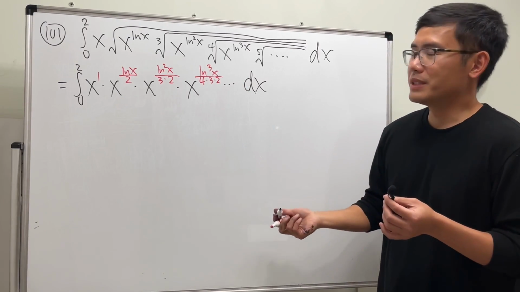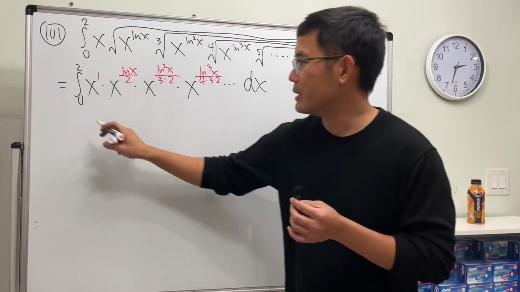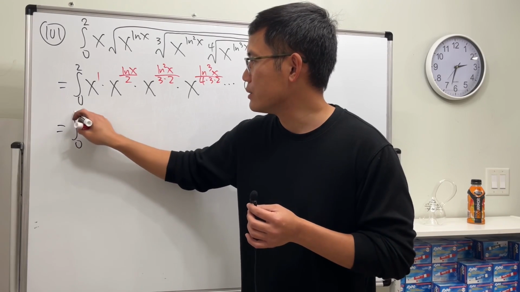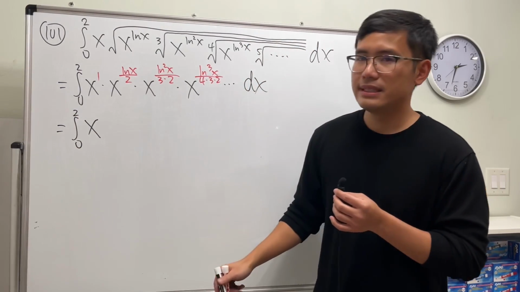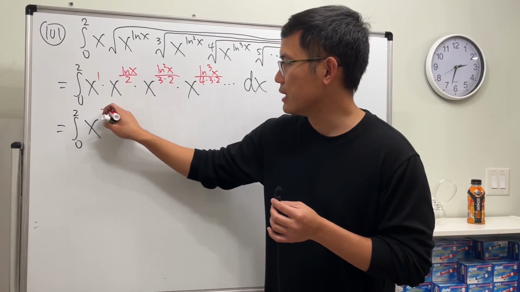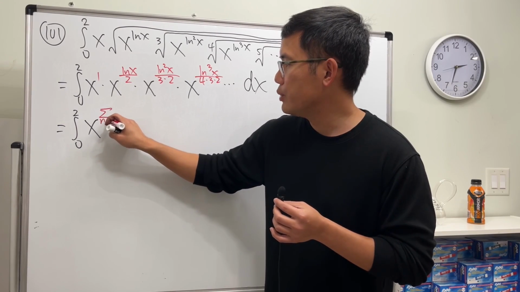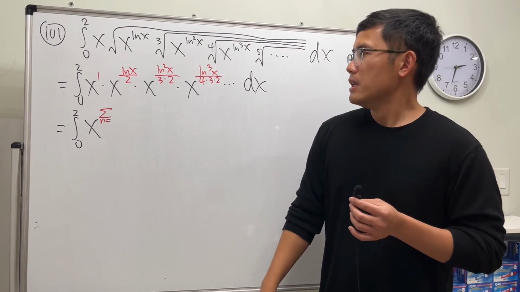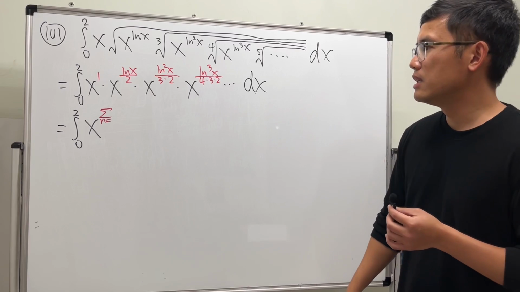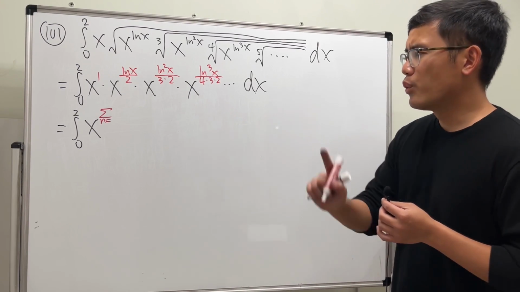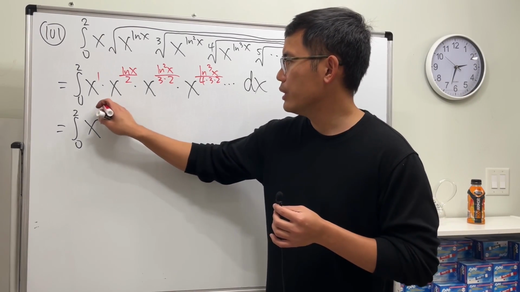All right, so how do we deal with this? Let's put this down in summation form. This is the integral going from 0 to 2 of x times the summation, n going from 1 to infinity.